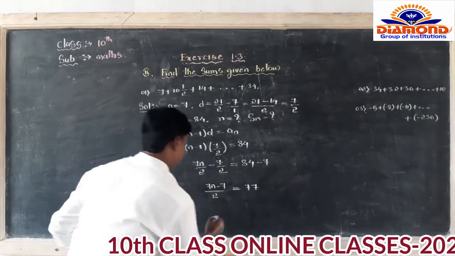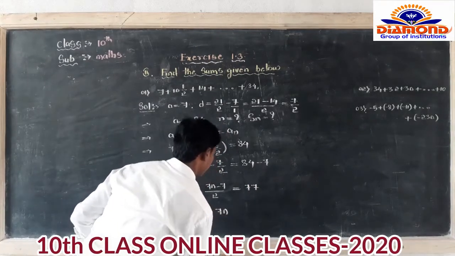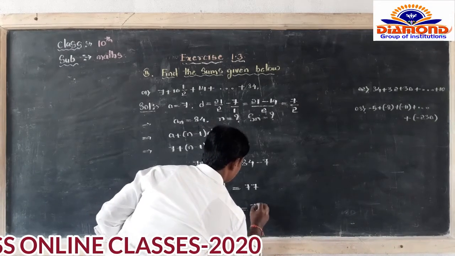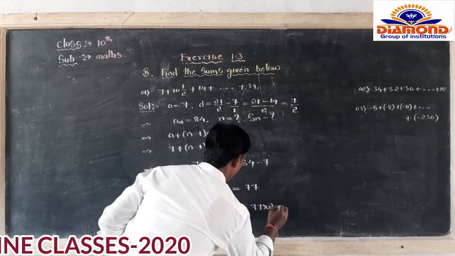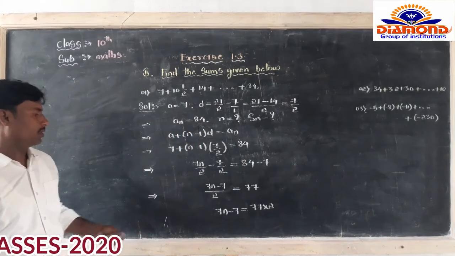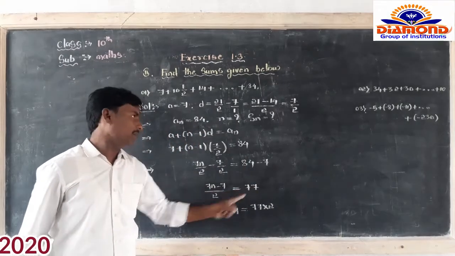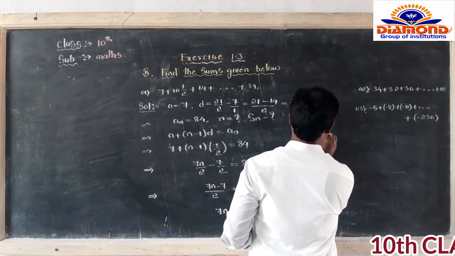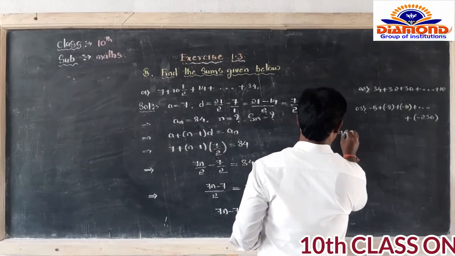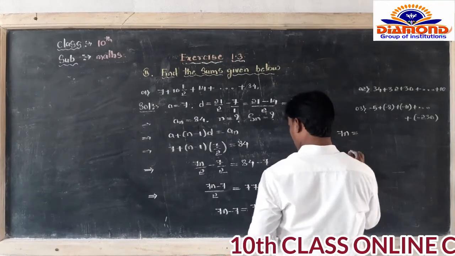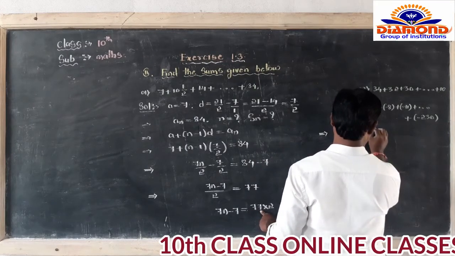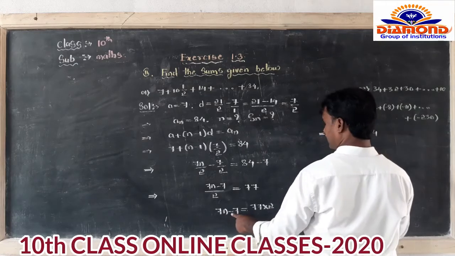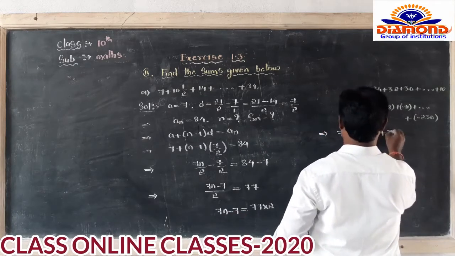Next step, 7n minus 7 is equal to 77 into 2. This 2 becomes multiplication, dear students. Next step, 7n is equal to 77 into 2, that is 154, and minus 7 becomes plus 7.